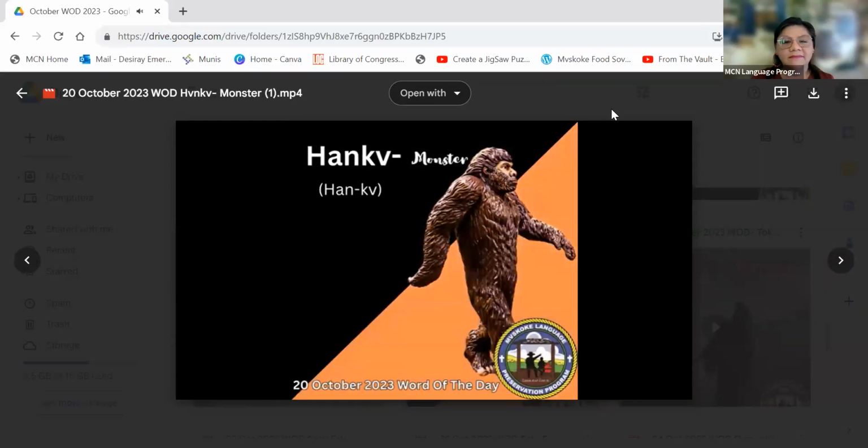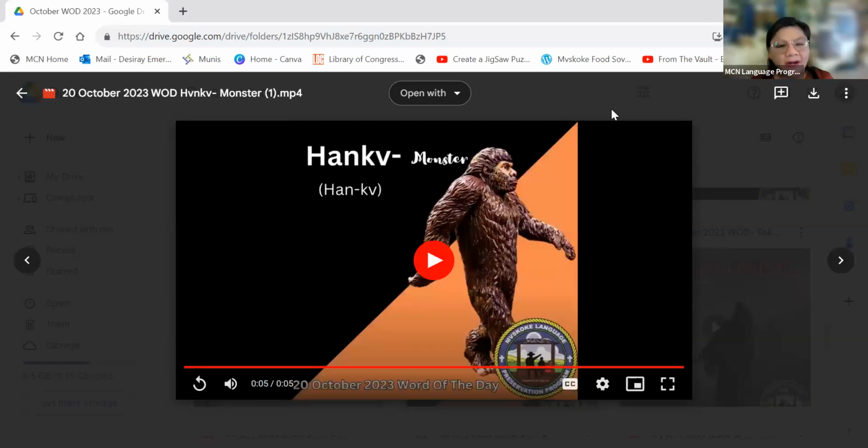Honka, monster. This is the one that held the whole thing up. When we hear it, you can hear that she does the A, honka. The way I originally had it was hunka, HVNKV, because there are different ways to spell it.